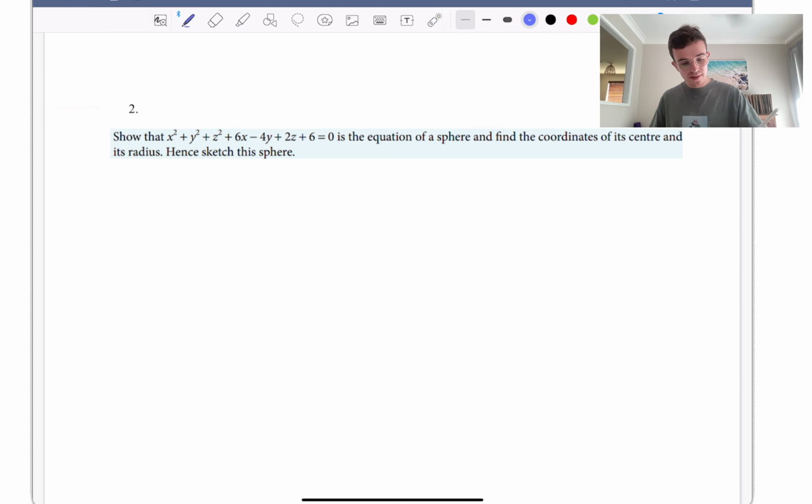So I'm going to rewrite this as x squared plus 6x plus y squared minus 4y plus z squared plus 2z. And I'm going to make it equal to minus 6 by moving everything over.